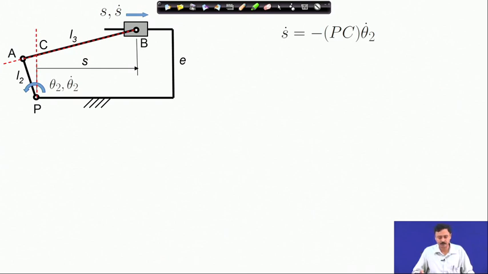The velocity at that point belonging to link 2 is the same as the velocity of the slider. In other words, this is nothing but the velocity of G2, and this is also equal to the velocity of G4, which is also S dot. So, this is the idea.